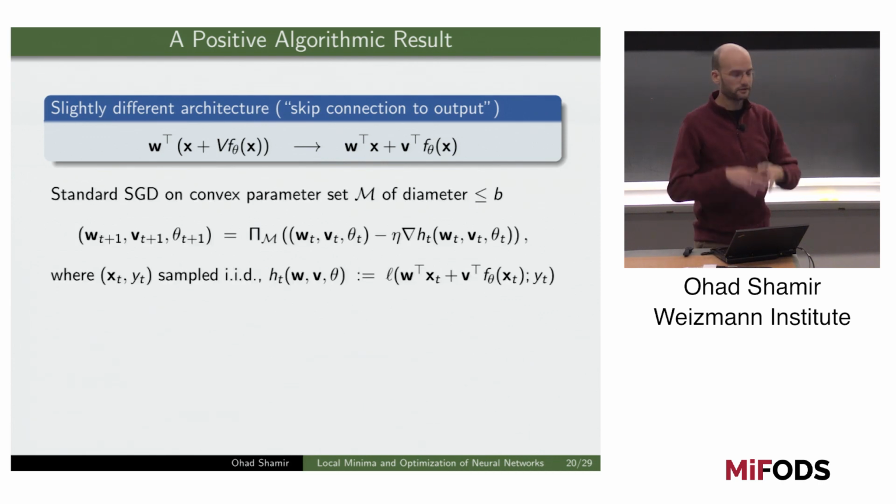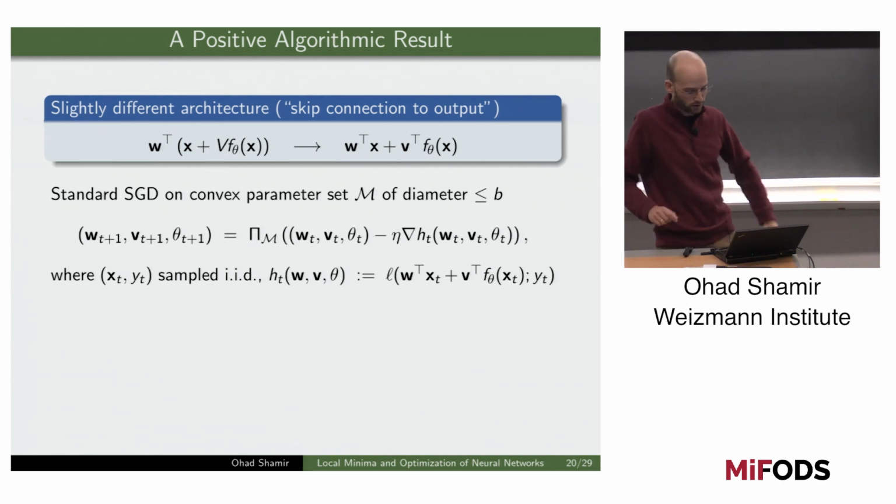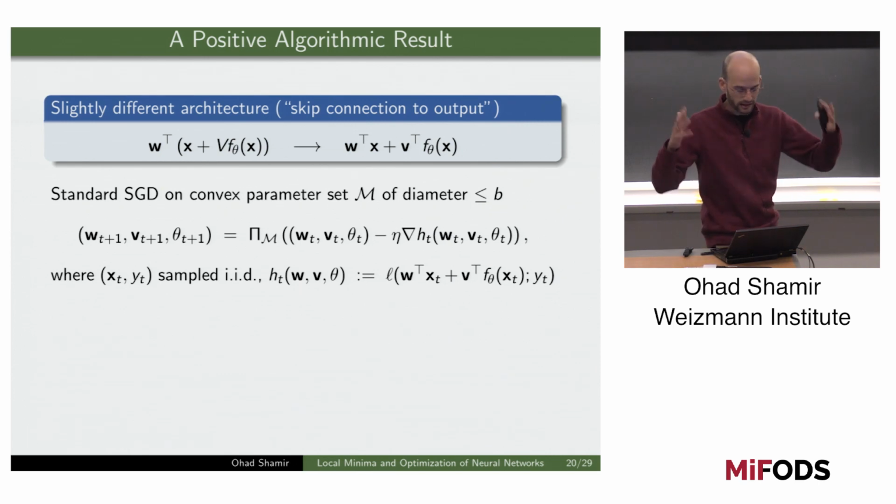And I'm going to consider standard plain vanilla stochastic gradient descent on any convex parameter set of bounded diameter, where I just run it on an IID stream of examples coming from my desired distribution.